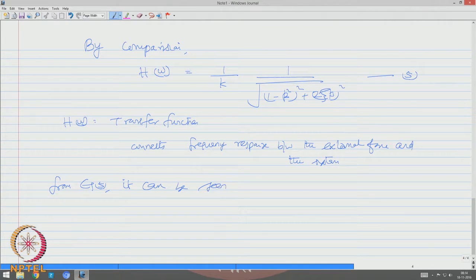It can be seen that H omega is proportional to the dynamic amplification factor D.